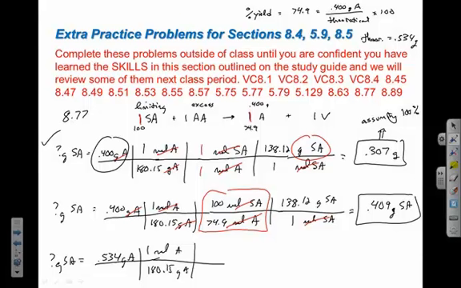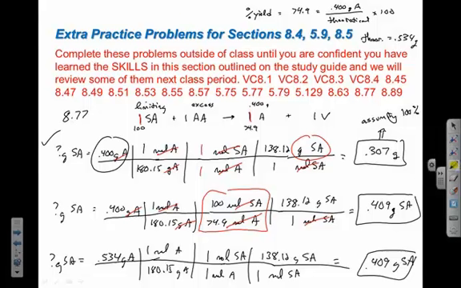Then the balanced reaction is 1 mole of aspirin requiring 1 mole of salicylic acid, and then 1 mole of salicylic acid for every 138.12 grams of salicylic acid. That will give me 0.409 grams of salicylic acid. Right? So either of these two approaches gives me the correct answer.